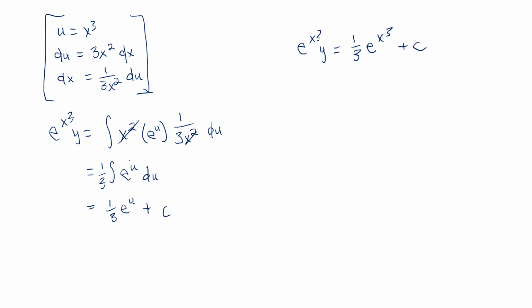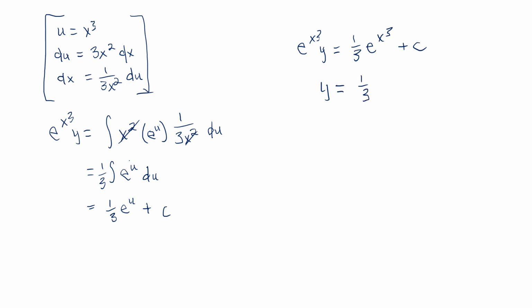Okay. So now our last step is to solve for y to obtain the general solution. So that means we'll be dividing everything by e to the power x cubed. So we'll have y equals 1/3.